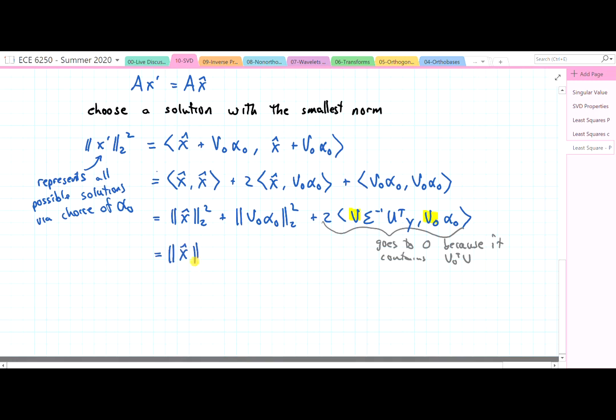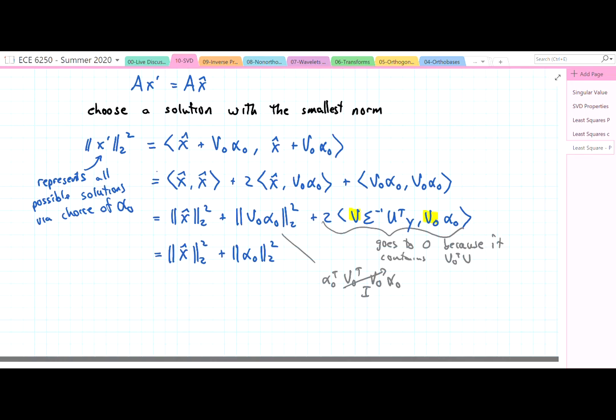Okay, thus we get the norm of x hat plus the norm of alpha naught. So what happened to the V naughts? Well, remember, this is going to be alpha naught transpose, V naught transpose, V naught alpha naught, and that's going to be an identity matrix, leaving us just with the norm squared of alpha naught.